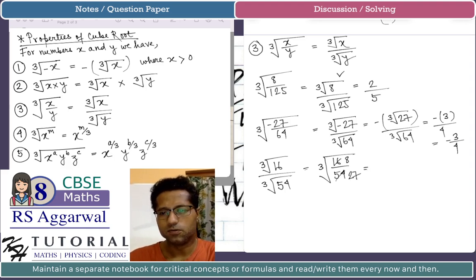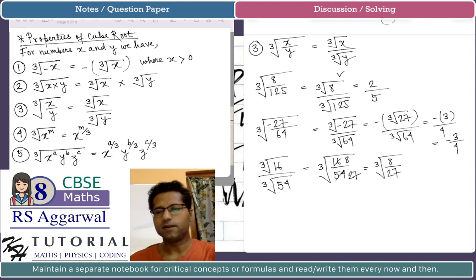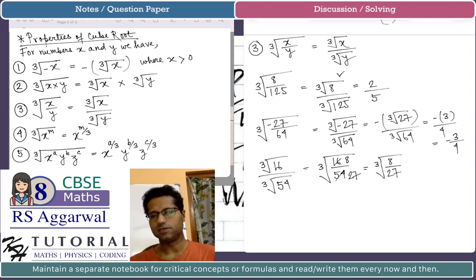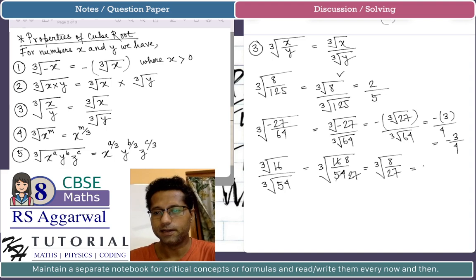So this is equal to cube root of 8 by 27, and now you see that both the numerator and the denominator, that is 8 and 27, are perfect cubes. You can now rewrite it as cube root of 8 divided by cube root of 27. This is equal to 2 by 3.